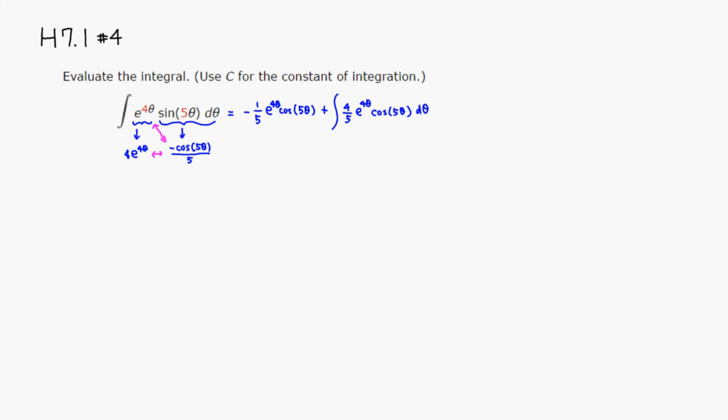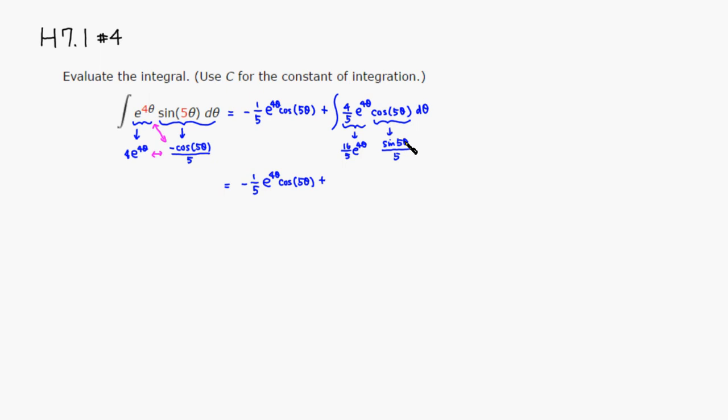Then second integration by parts. The first term is already finished, so it's a negative 1 over 5 e^(4θ) cosine of 5θ plus, take the derivative of the first guy, you get 16 over 5 e^(4θ), and the antiderivative of the second guy would be sine of 5θ over 5.